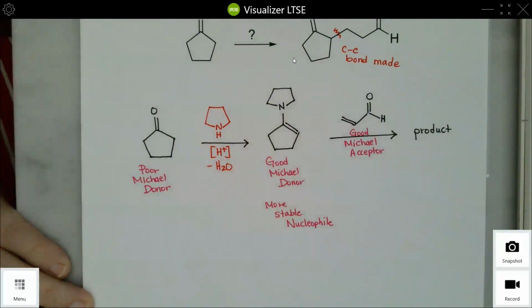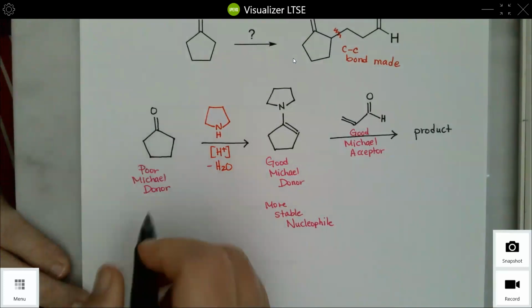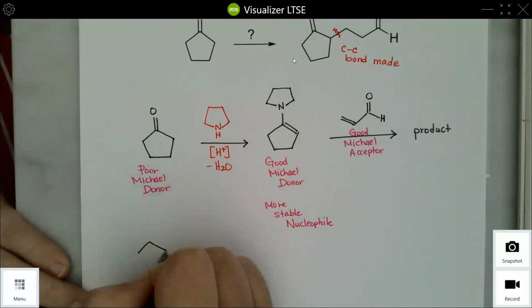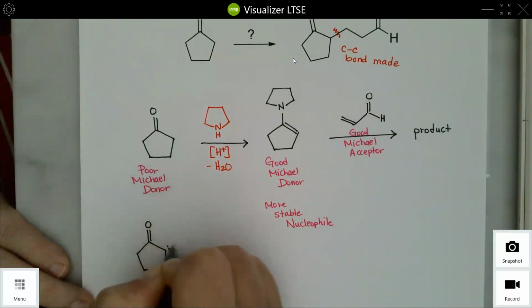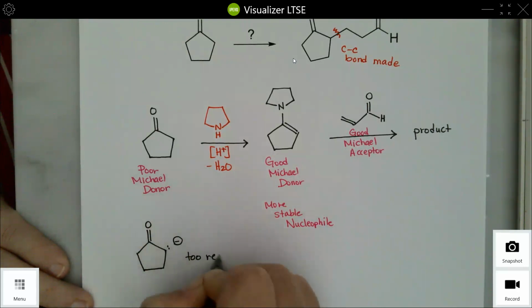If this had been deprotonated with sodium hydroxide, this is not stabilized enough. We can think of this as too reactive and too nucleophilic.